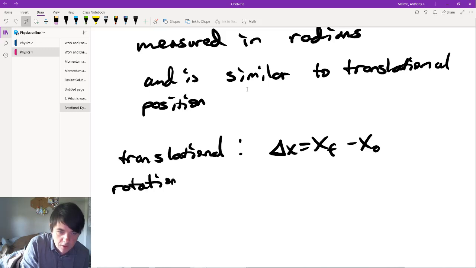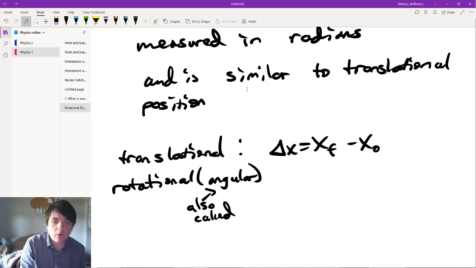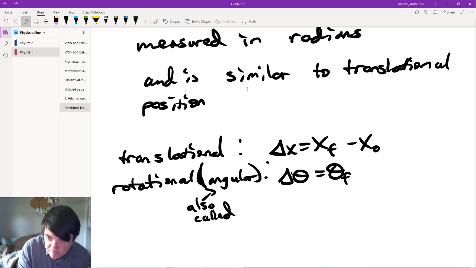Rotational. This can also be called angular. You'll see me use angular and rotational interchangeably when it comes to this stuff, but we use the symbol theta, and it's theta final minus theta initial.